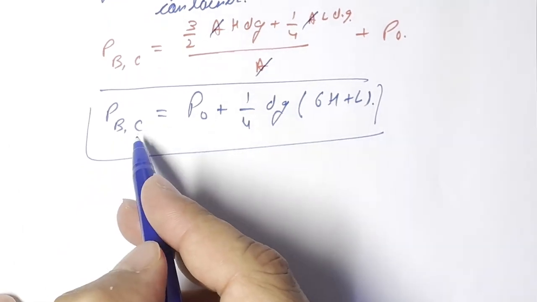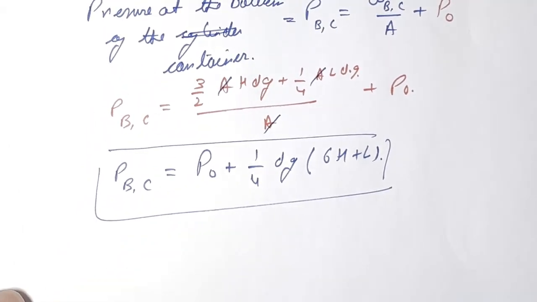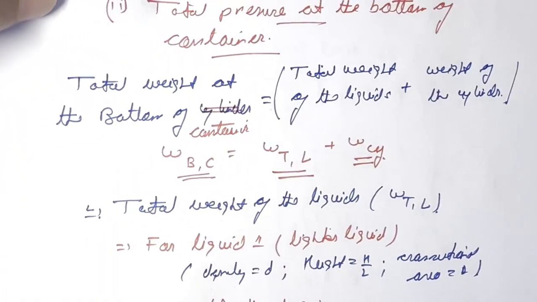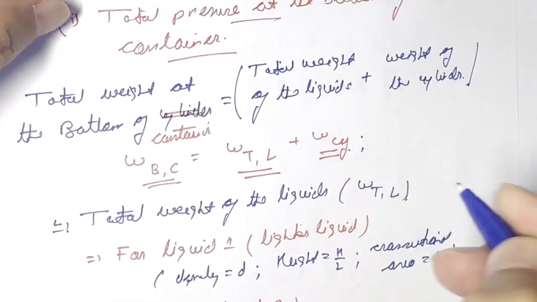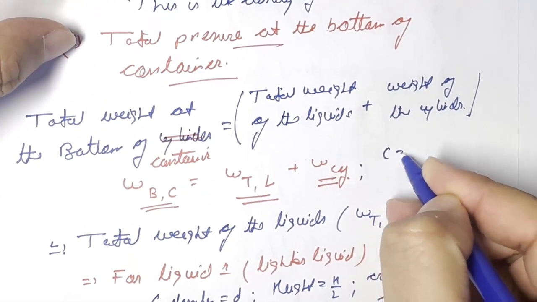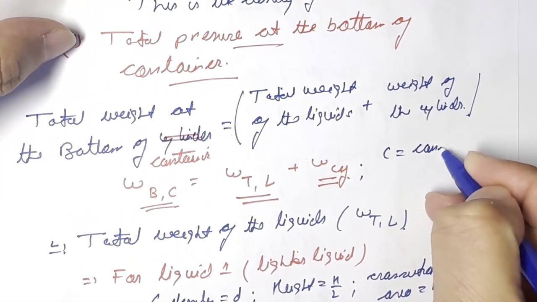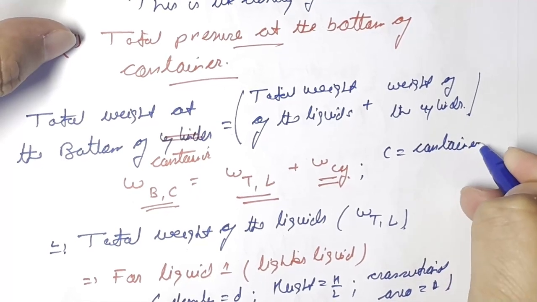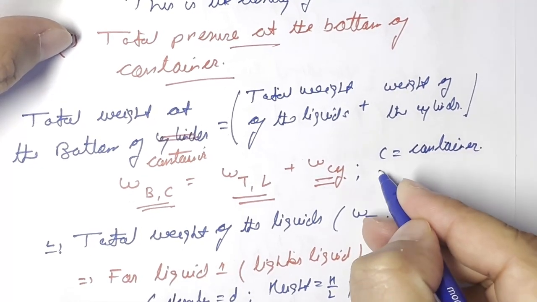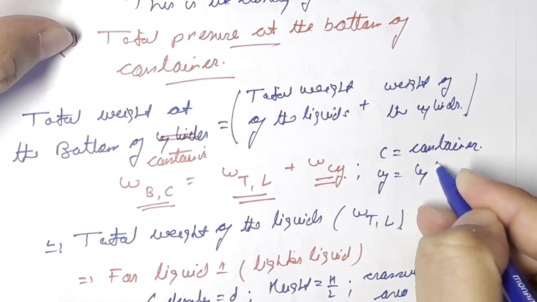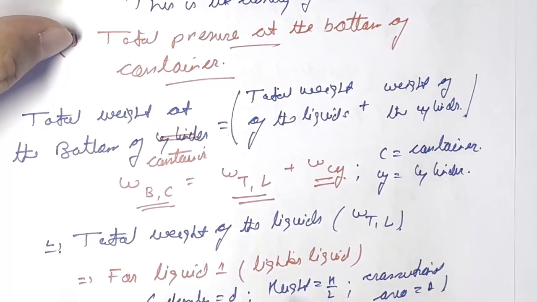Here, C is our container and Cy is our cylinder, and that would differentiate.